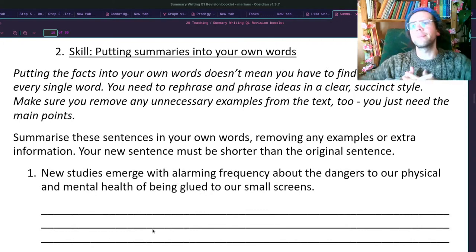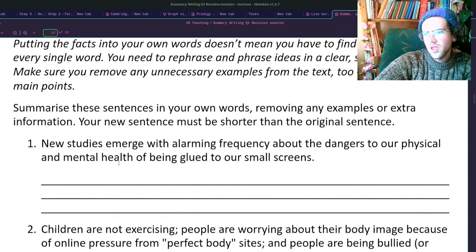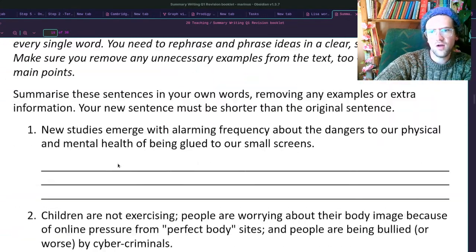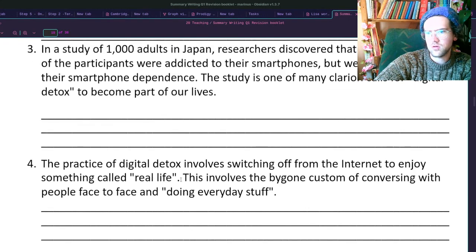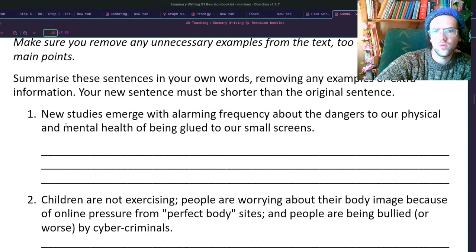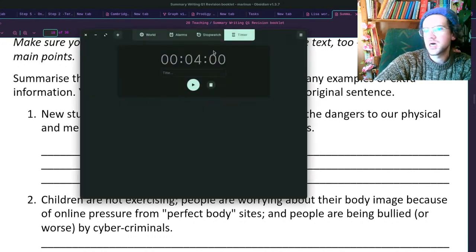So the activity we're going to do now is we're going to take these sentences and we're going to put them into our own words. There are 4 pieces and we're going to put them into our own words. Okay? So, I'm going to give you 10 minutes to do this.